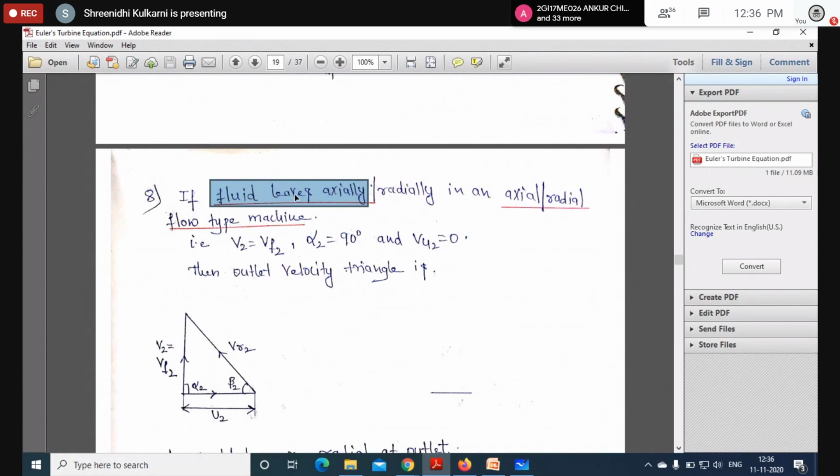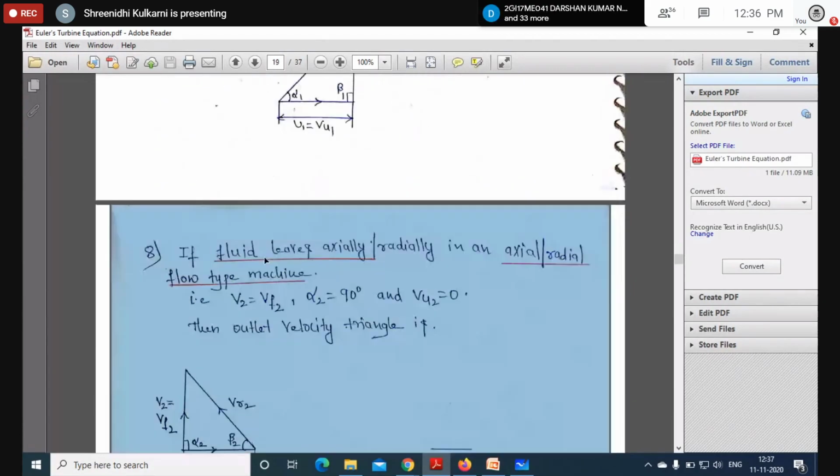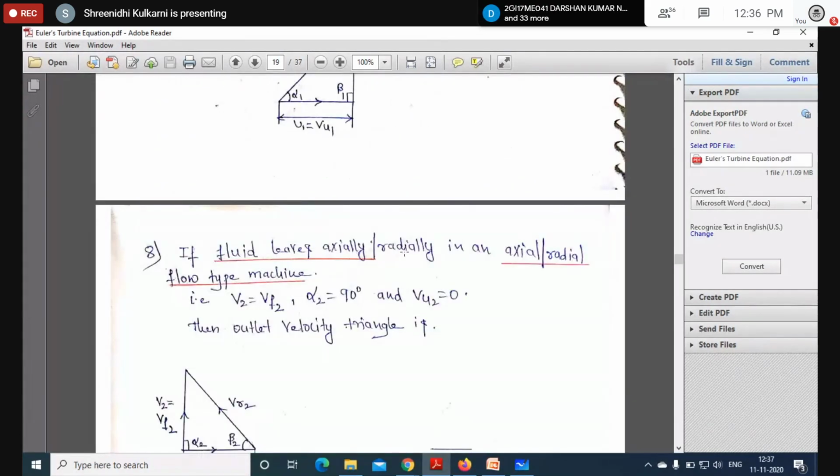In the sixth one, the fluid enters means absolute velocity V1. Here the fluid leaves axially or radially. The fluid leaving is nothing but the outlet, axially or radially in axial or radial flow type machines.